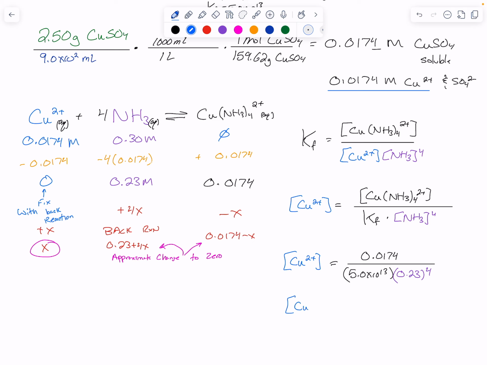I'm getting 1.2 times 10 to the -13th molar, which is very small. So that's an answer for copper(II).